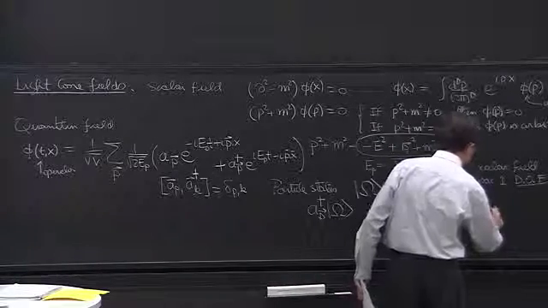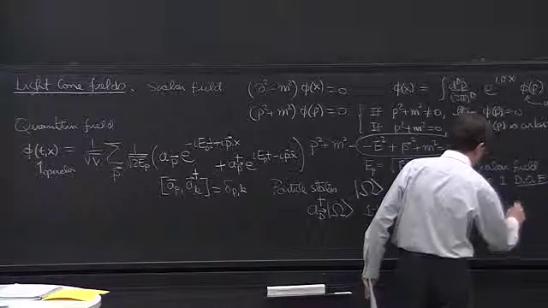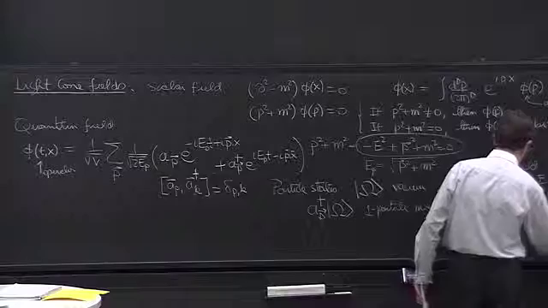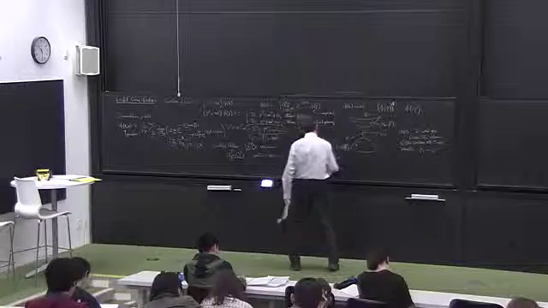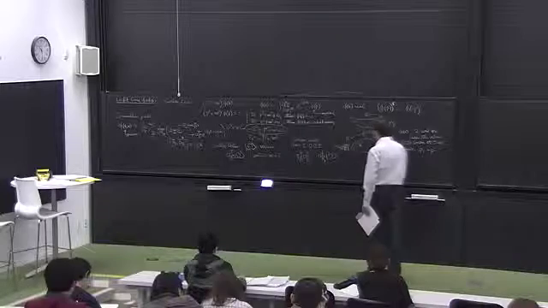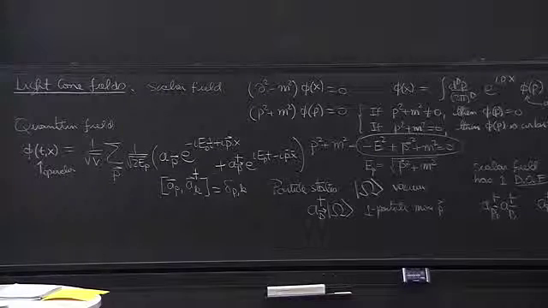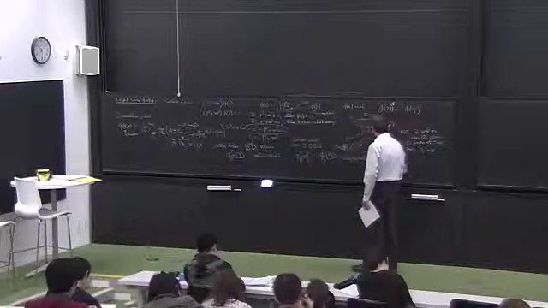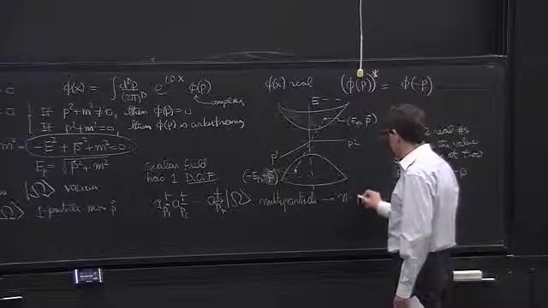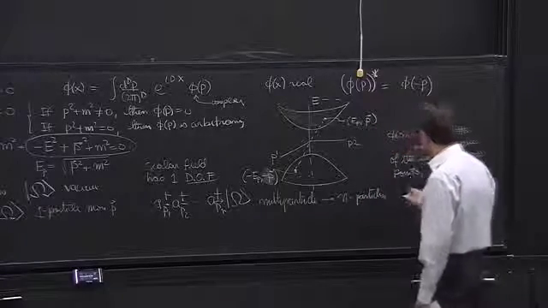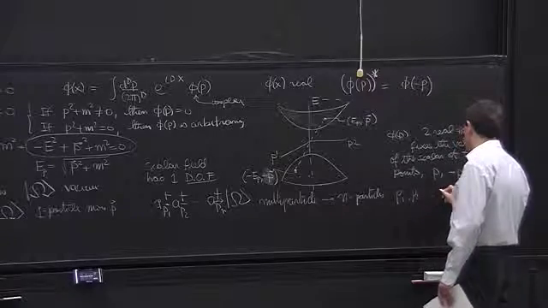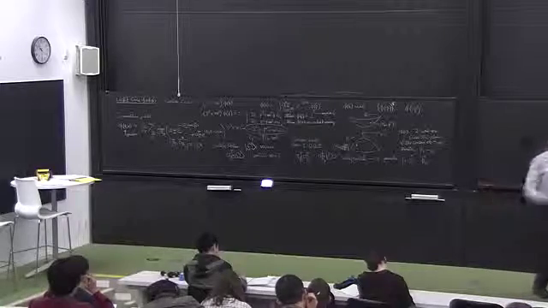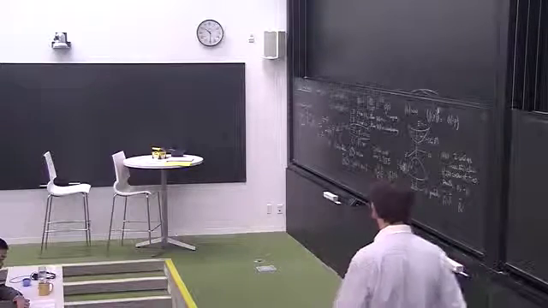If you have a_p1 dagger, a_p2 dagger, up to a_pn dagger on the vacuum, that's a multi-particle state, with n particles with momenta p1, p2, up to pn. So the scalar field can create all these particles, and that's all nice.